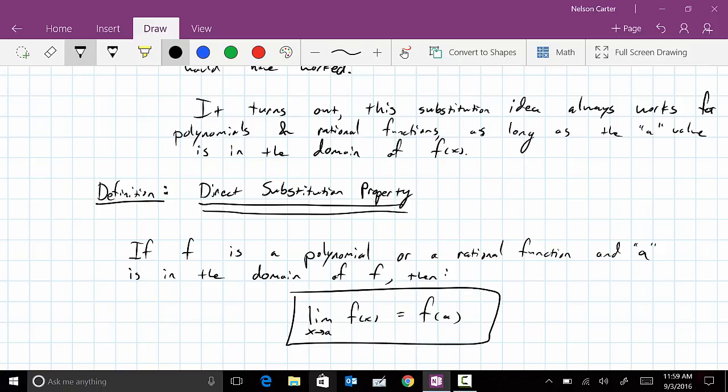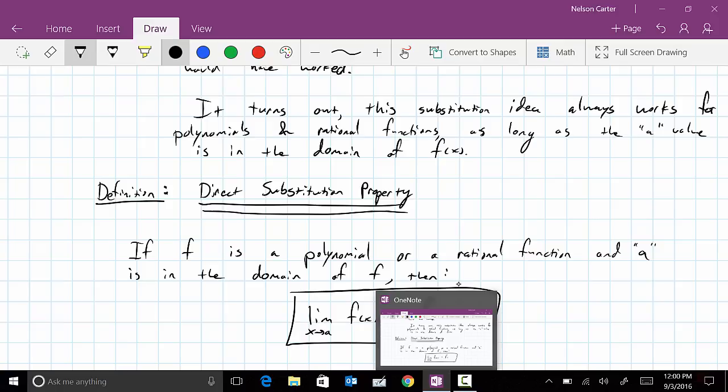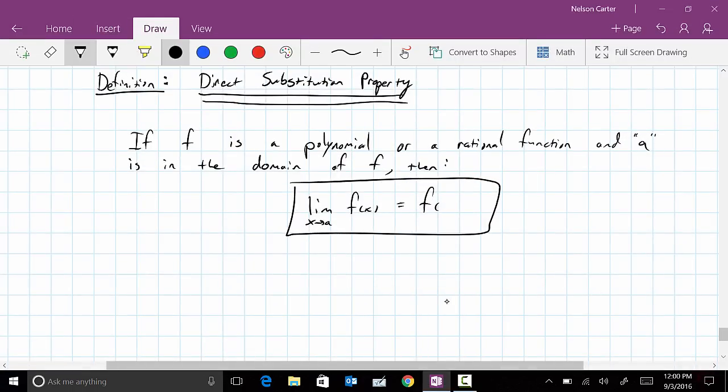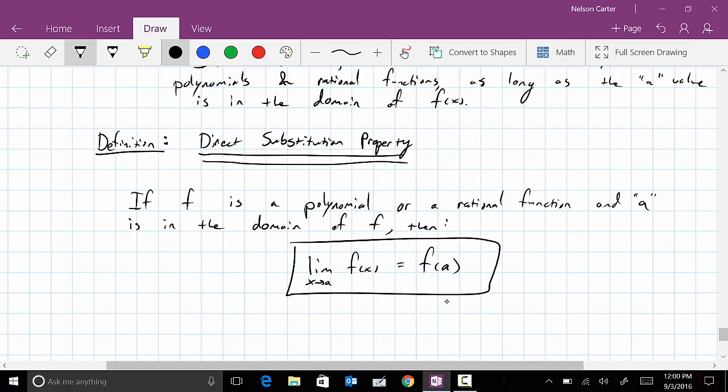So if someone asks you, why is it you're allowed to substitute the value? Why can you just plug it in?